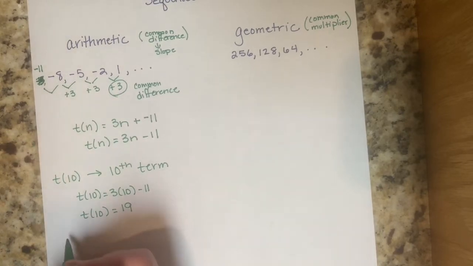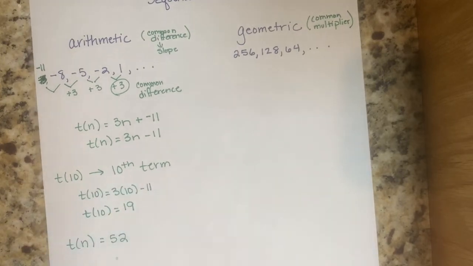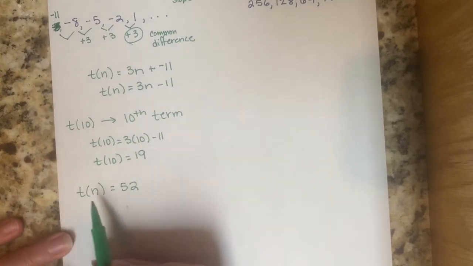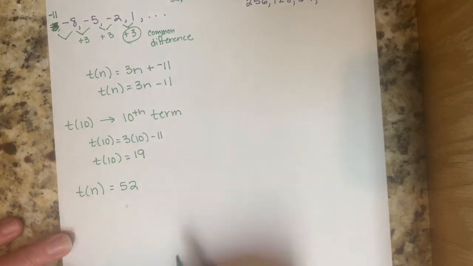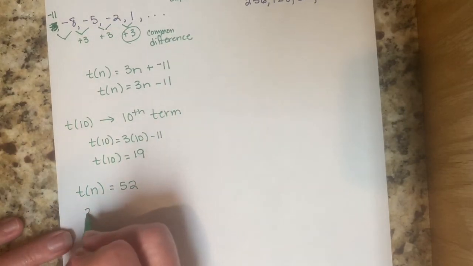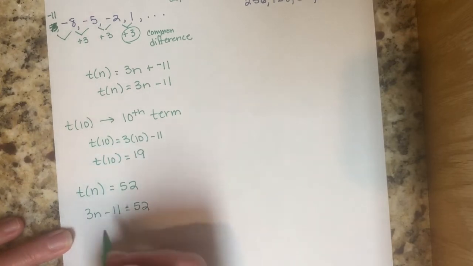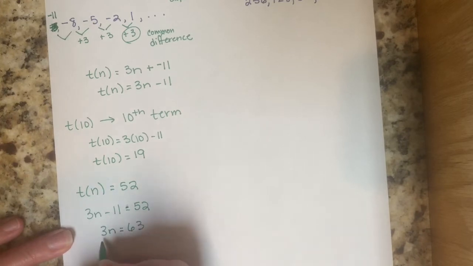Every once in a while you might be given t of n equals something like 52. And what we're trying to do on this problem is figure out what term has 52 as the value. So we know that 3n minus 11 would equal 52, or that 3n would equal 63.